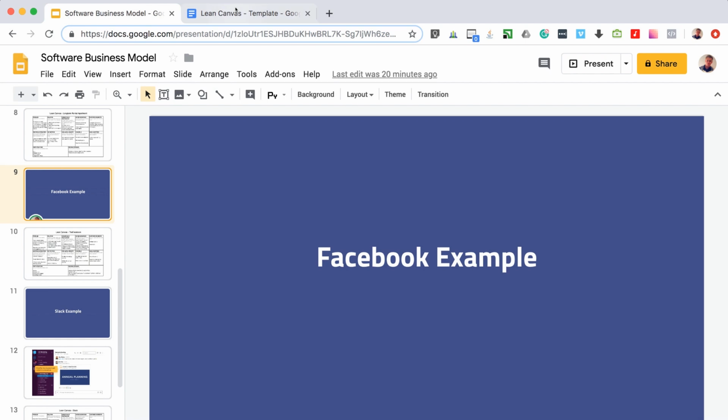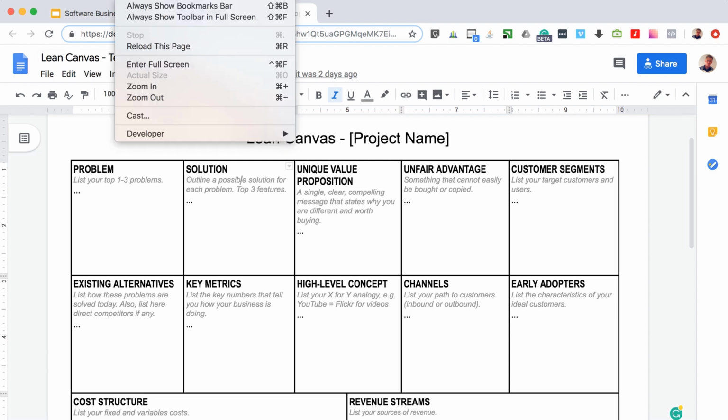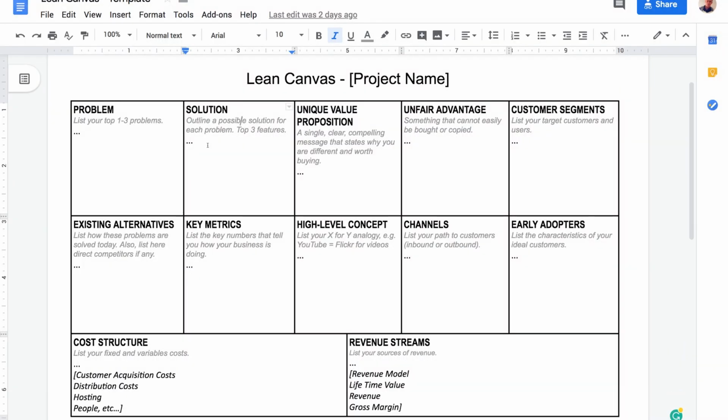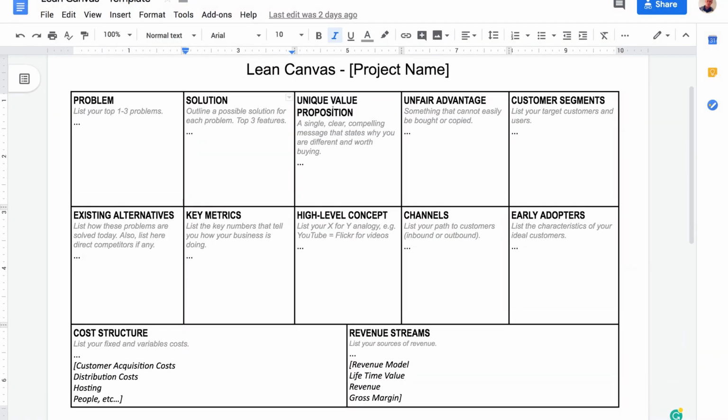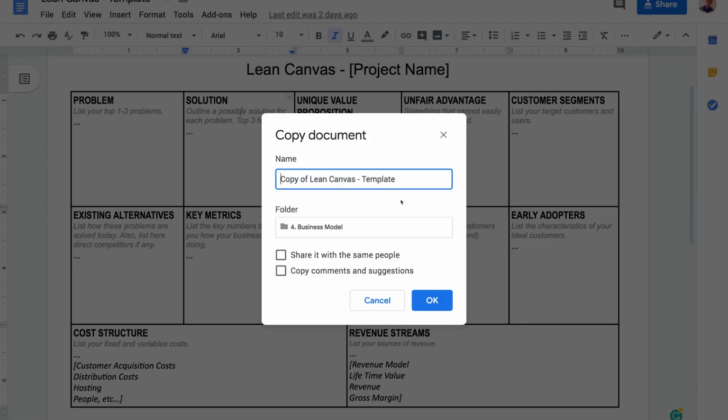So let me share my screen. I'm going to repeat the same process here, starting with the lean canvas template. Let me enter the full screen mode. Okay, let me copy this first, sorry. Okay, lean canvas, let's call it the Facebook.